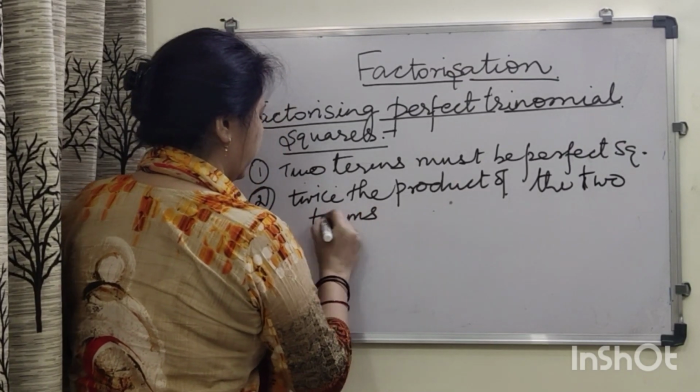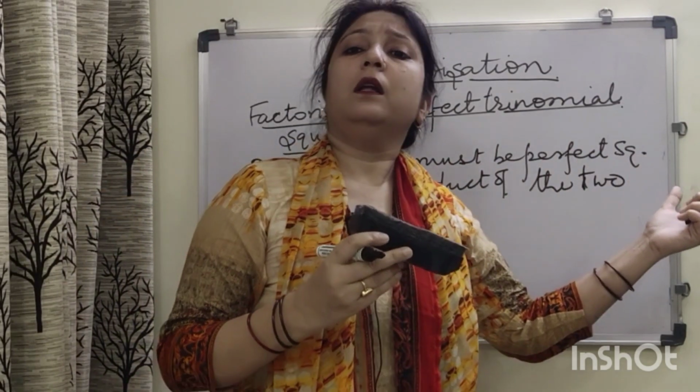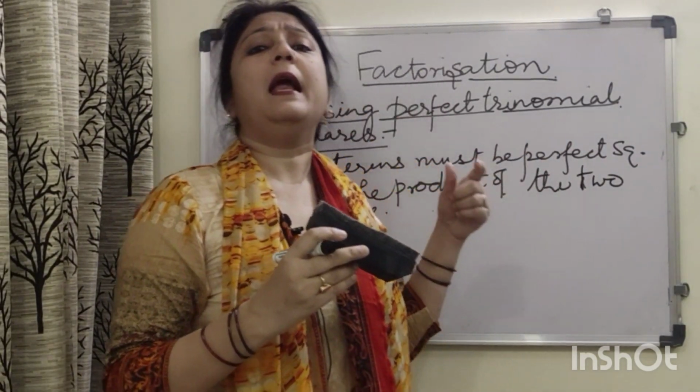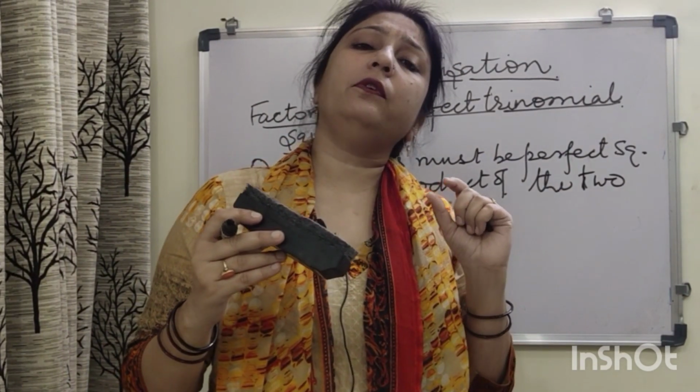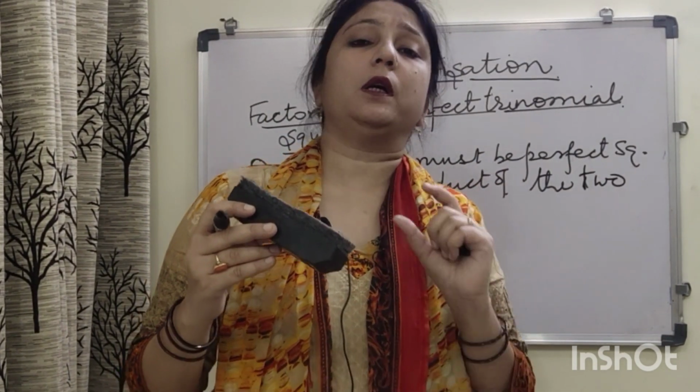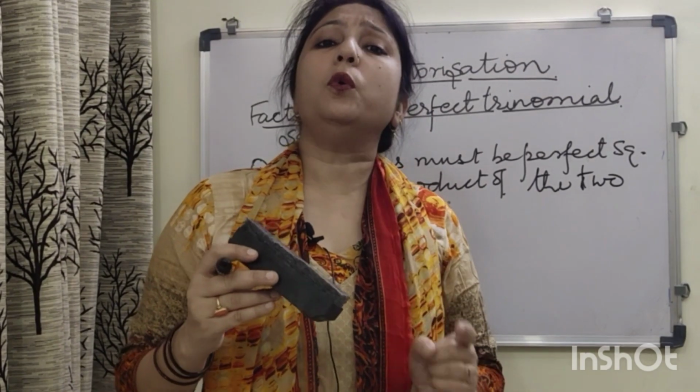Fine. These two things are clear. The two terms should be the complete whole squares and the third term will be twice the product of the two terms, not the square of two terms, the product of two terms.